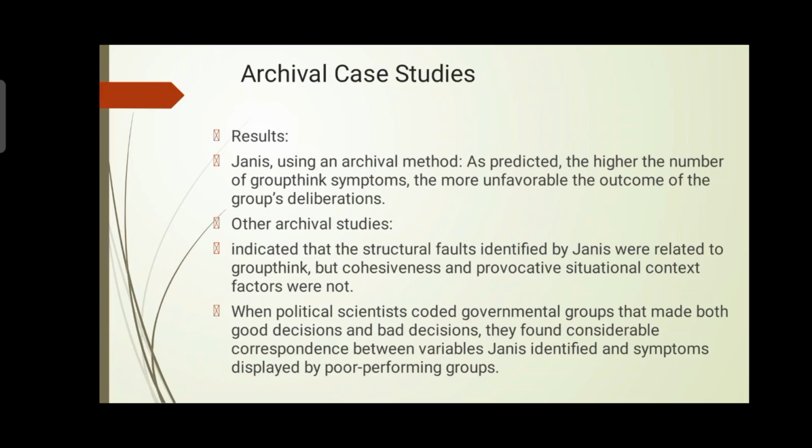When political scientists coded governmental groups that made both good decisions and bad decisions, they found considerable correspondence between variables Janis identified and symptoms displayed by poor-performing groups. Again, these studies, which are reviewed briefly here, sometimes support, sometimes challenge, and sometimes clarify Janis's theory.